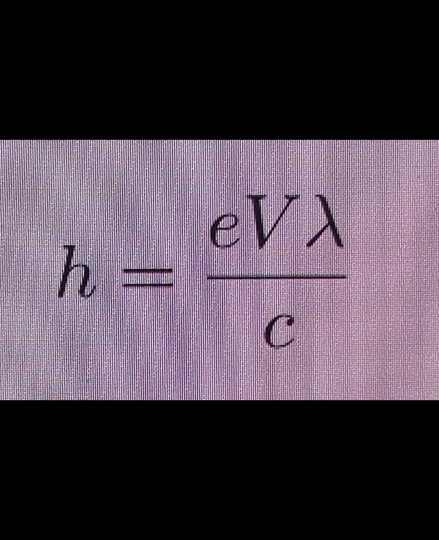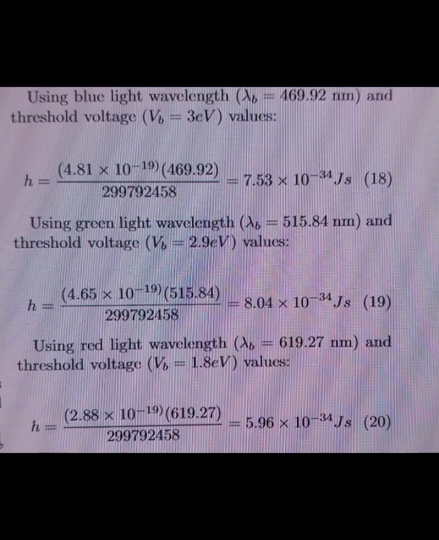And using this equation and the values we obtained, we calculated the Planck's constant for each color of light. Using blue light's wavelength and threshold voltage, we calculated Planck constant as 7.53 times 10 to the power minus 34 joule seconds, with an error of 30.64%.